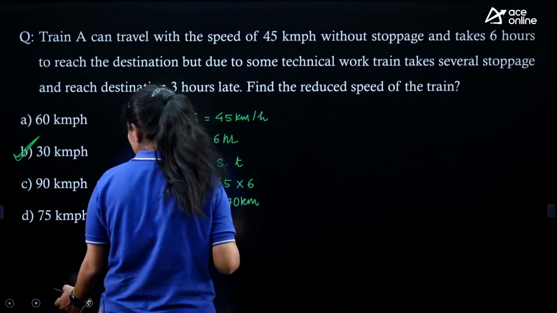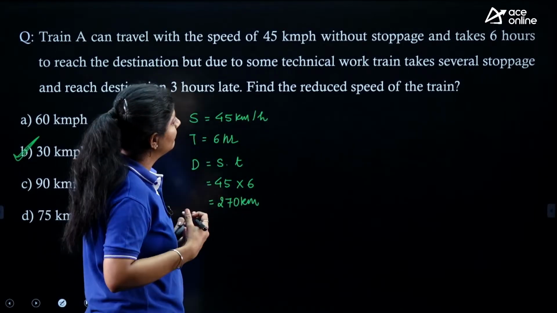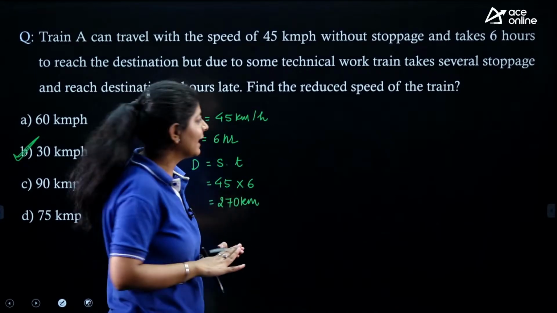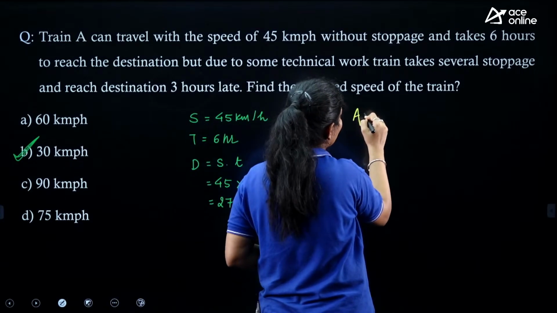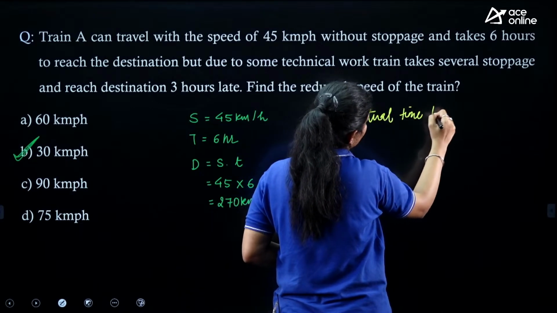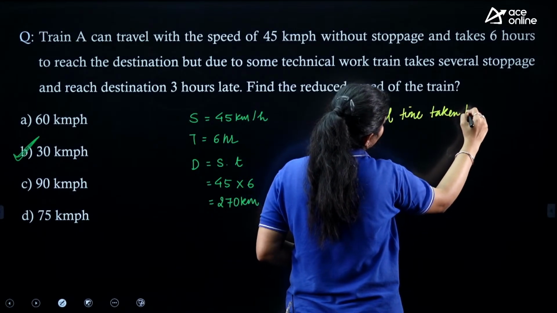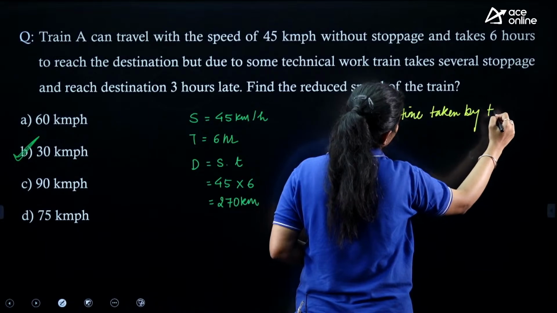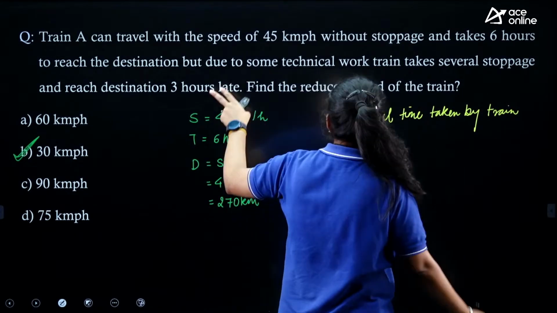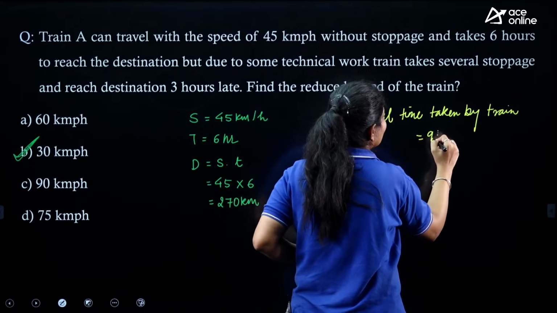But due to some technical work, the train got delayed by 3 hours. That means now the actual time taken by the train, initially it is taking 6 hours, 3 hours more, that means total 9 hours.